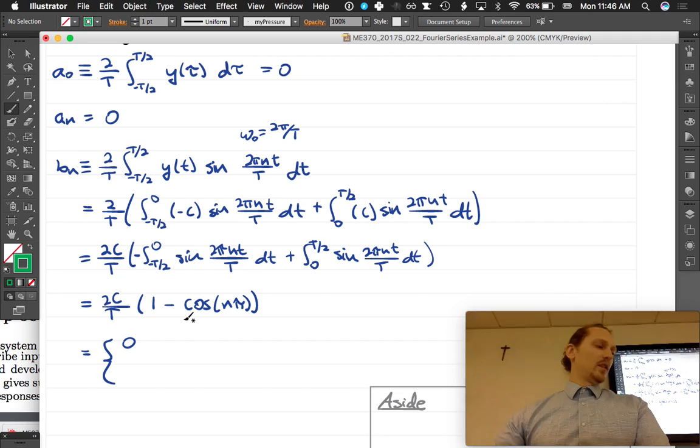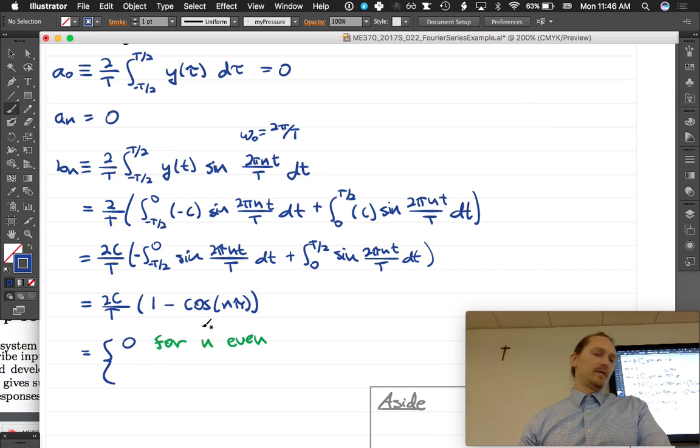For n even. So hopefully for n odd, that doesn't happen. What happens if n is odd? So say n is 1. What is cosine of pi? 0. So we're going to have 1 minus 0, which is 1.